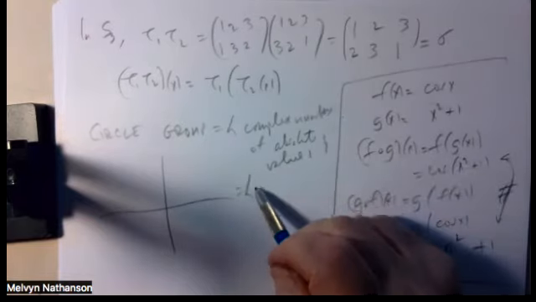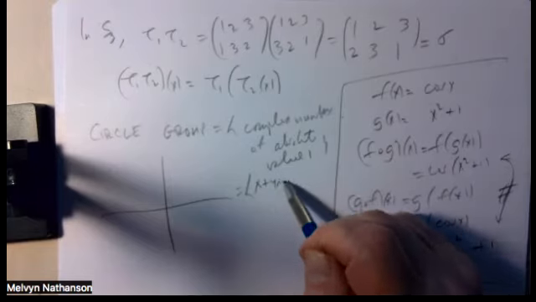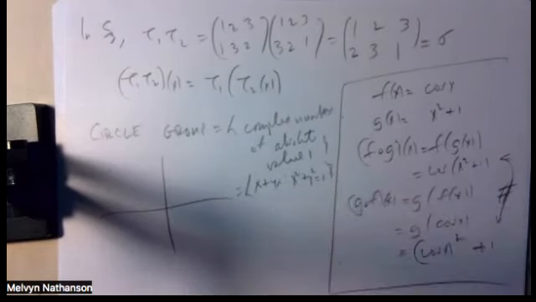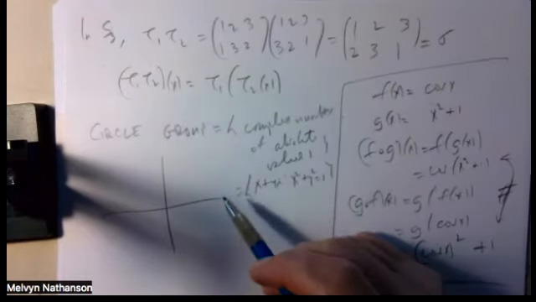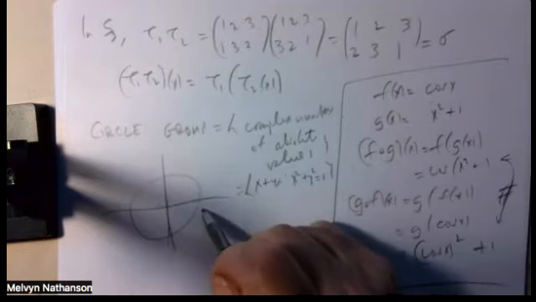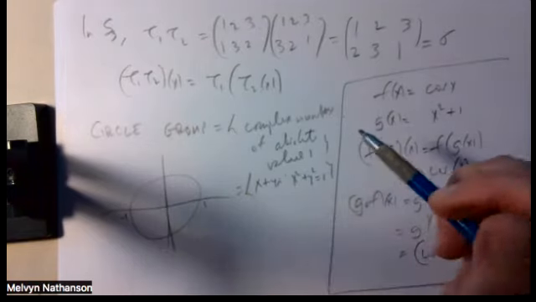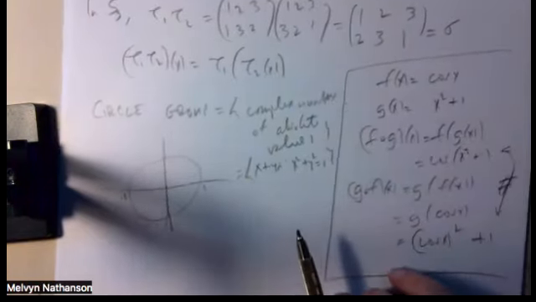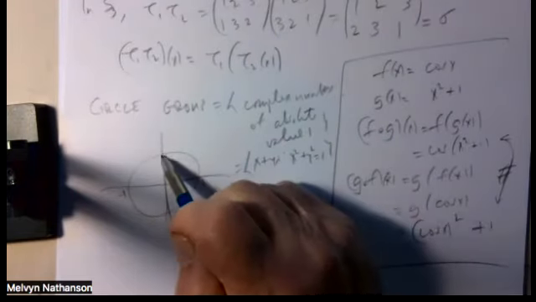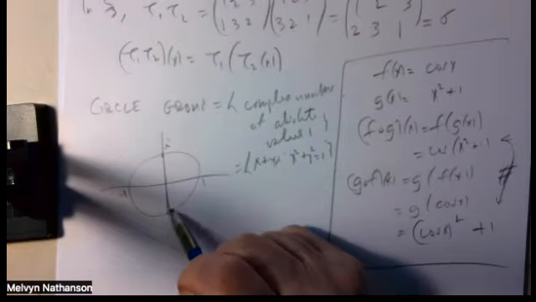This means all numbers x plus yi, where x squared plus y squared equals 1. And in the plane, x squared plus y squared equals 1 is just the circle of radius 1. You interpret a point in the plane, xy, as x plus yi. This is i. This is minus i. Just the circle.